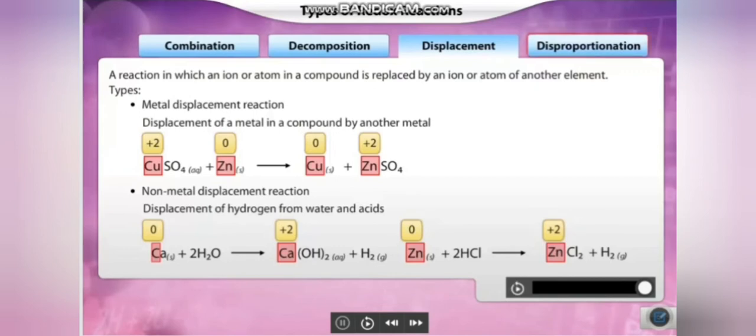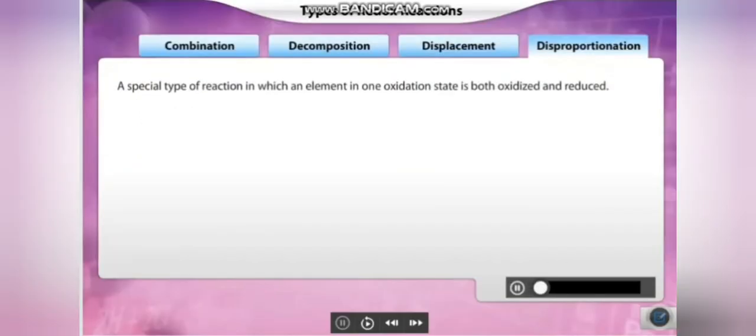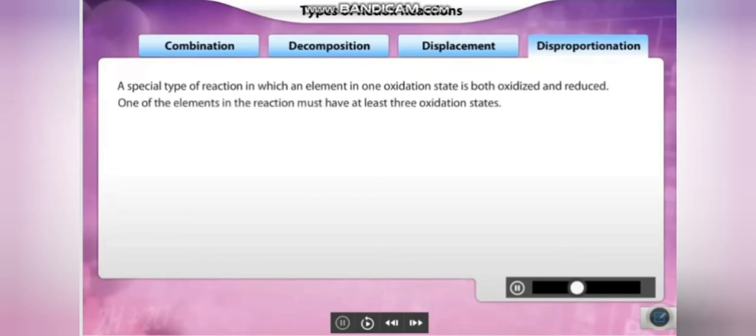Last, disproportionation reaction, a special type of reaction in which an element in one oxidation state is both oxidized and reduced. Here, the element which is getting oxidized and reduced will have 3 oxidation states, and it will be in an intermediate state, having a lower oxidation state and a higher oxidation state.